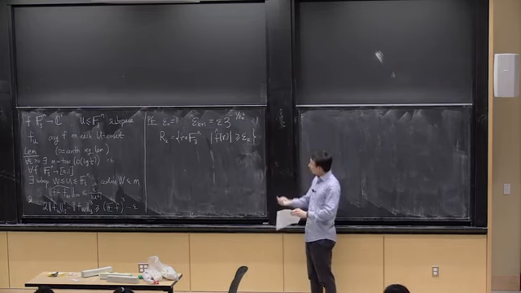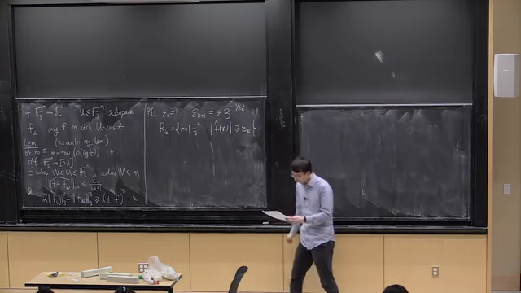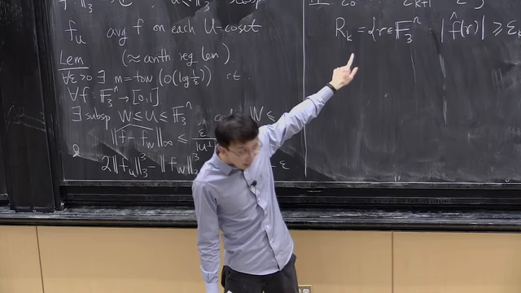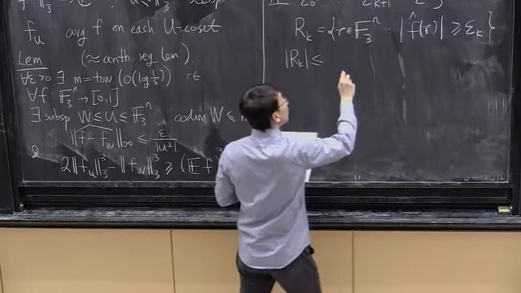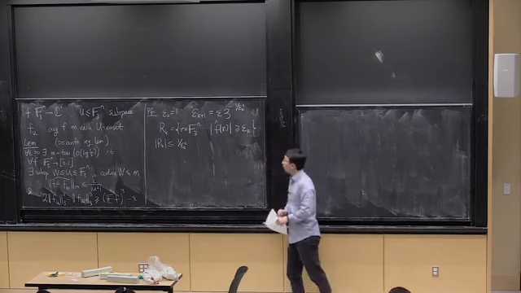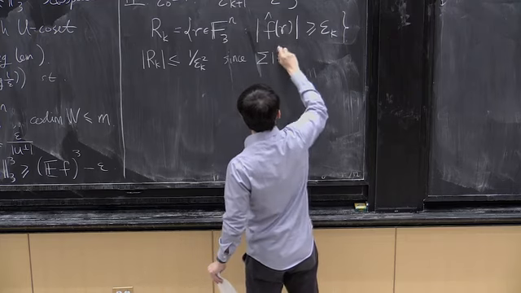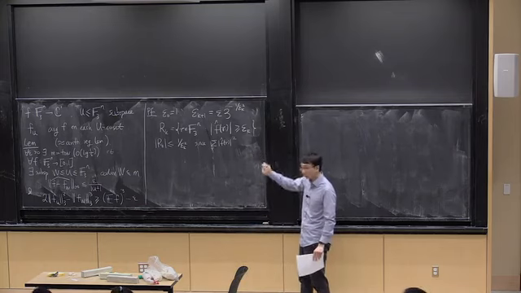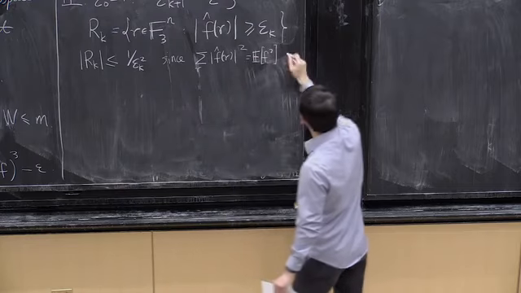Okay, so the R's are supposed to identify how we're going to do the partitioning. Now, the size of this R is bounded. So we claim that the size of R is at most 1 over epsilon sub k squared. And that's because there's this Parseval identity, which tells you that the L2 sum of the Fourier coefficients is equal to the L2 of the function, which is at most 1.